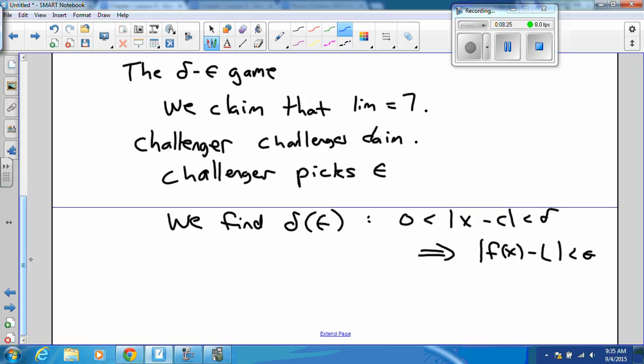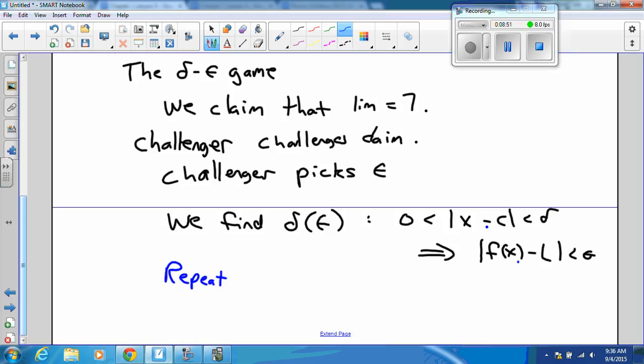An example is not a proof. So the challenger is free to repeat the process. He's free to say, okay, well, here's another epsilon, 0.0001. And then we have to find yet another delta, so that when x is within delta of c, f of x is within epsilon of L.